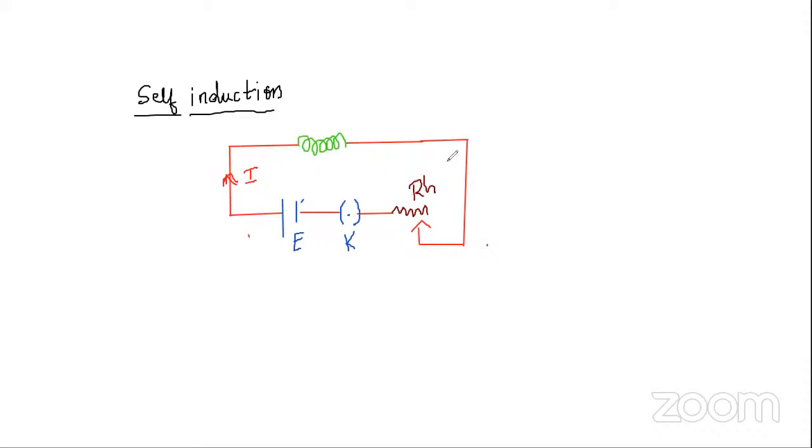Due to the changing current, there is a changing magnetic field around the coil. The changing magnetic field induces an EMF. That EMF is called the back EMF. This back EMF opposes the growth of magnetic flux.